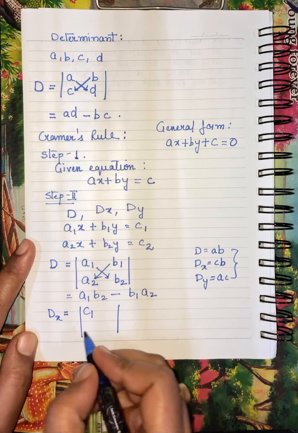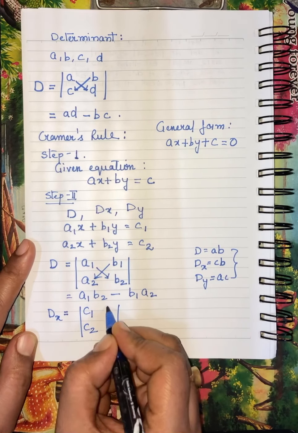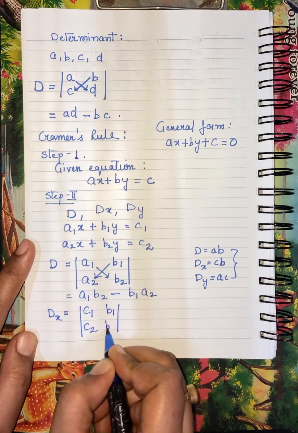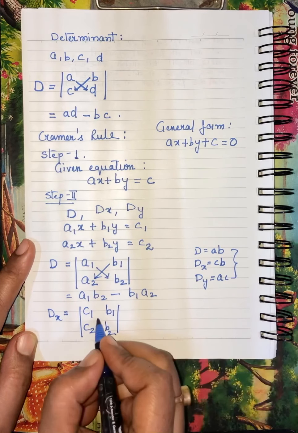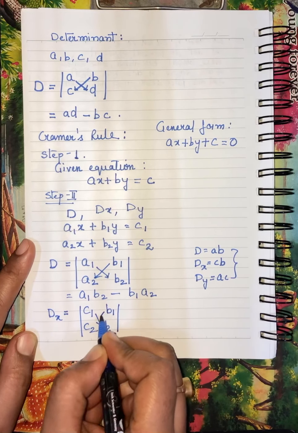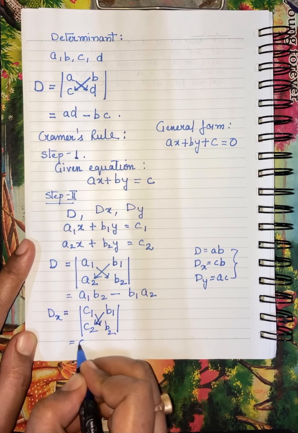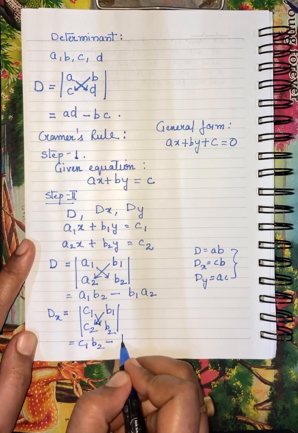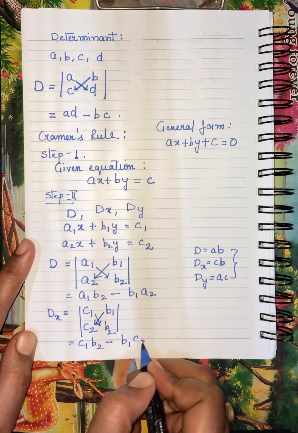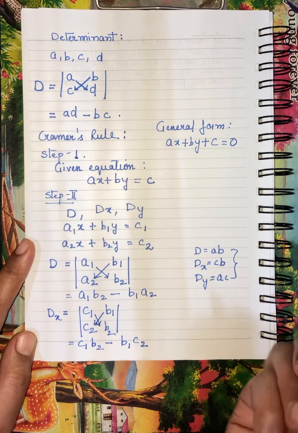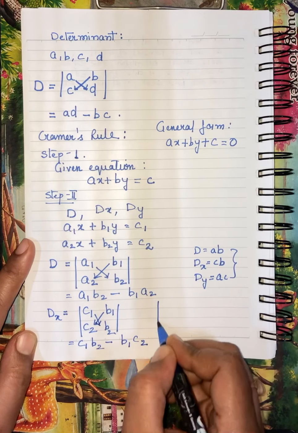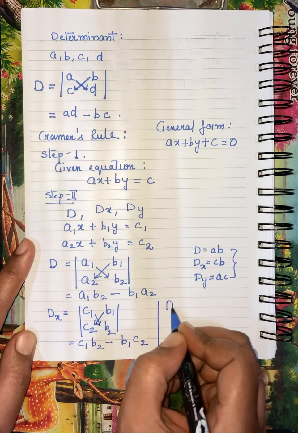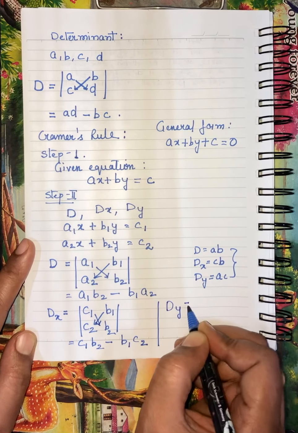C first, so c1 c2 and b1 b2, and again that gives us c1 b2 minus b1 c2.